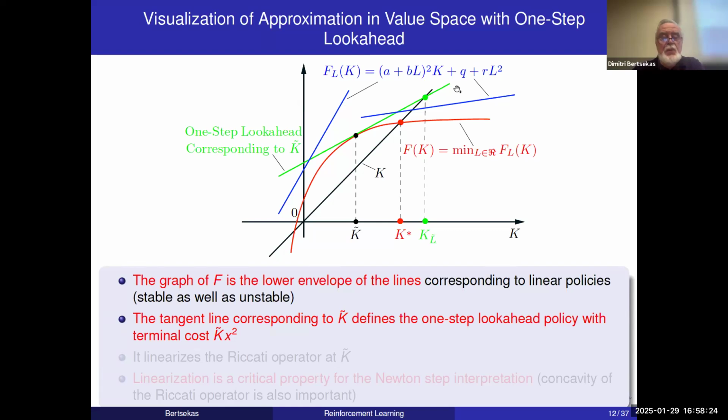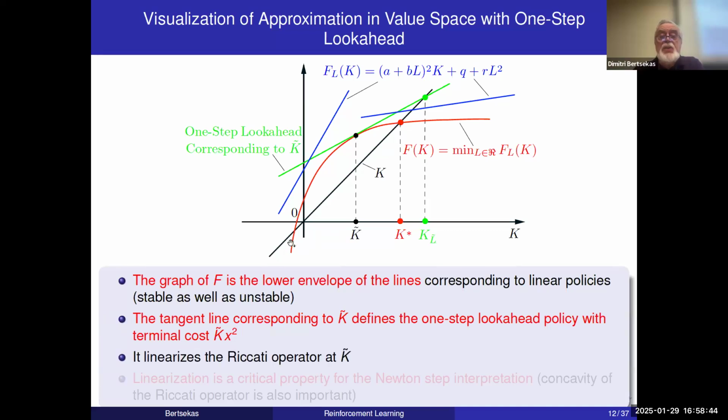It's an easy proof to see that. So we have these lines, and the one for a given K tilde, the one that corresponds to one-step look-ahead to this mu tilde, is the one that's tangent at this point here.